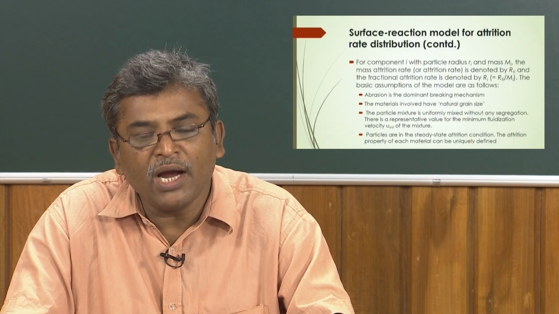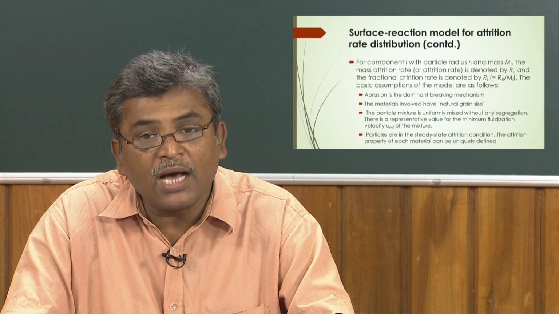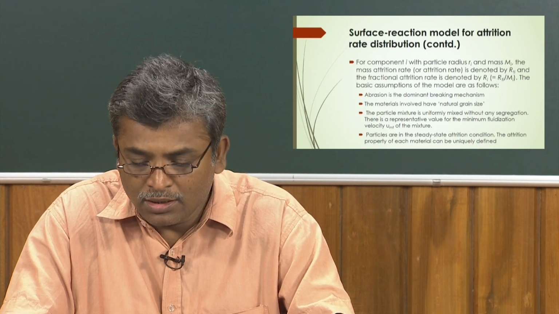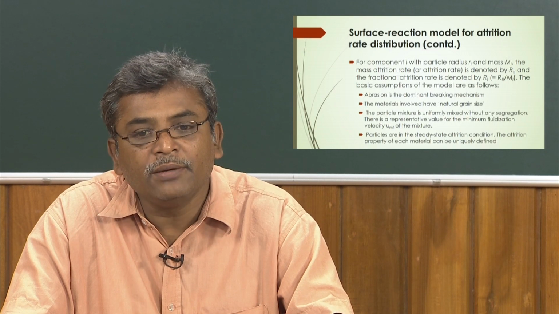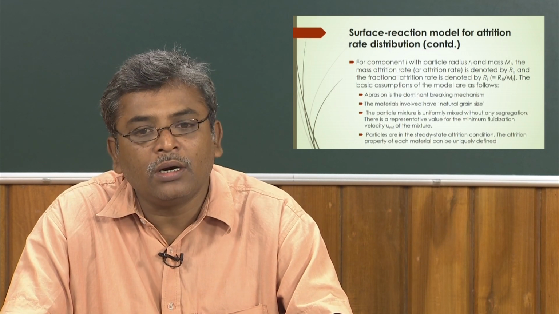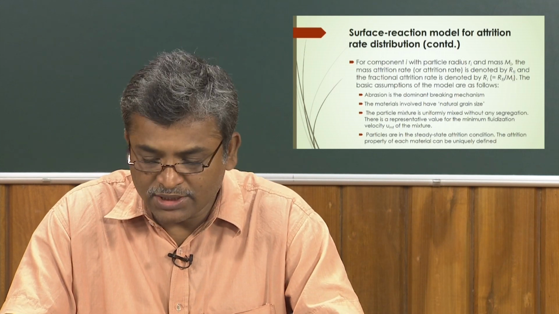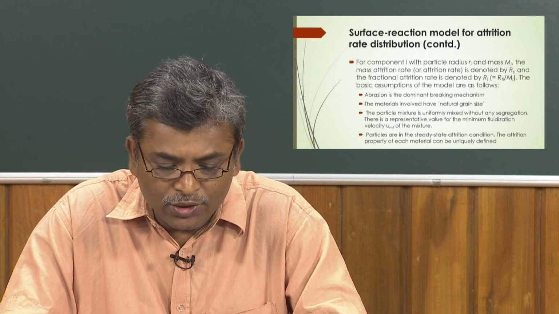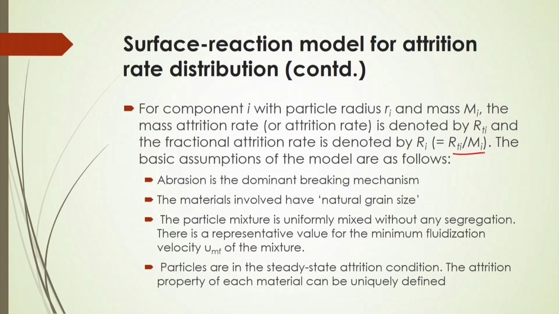It is defined by RTi for that particular size material divided by its load. So the fractional attrition rate is RTi by Mi.